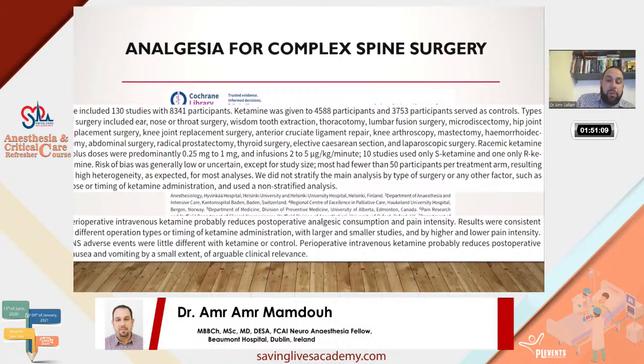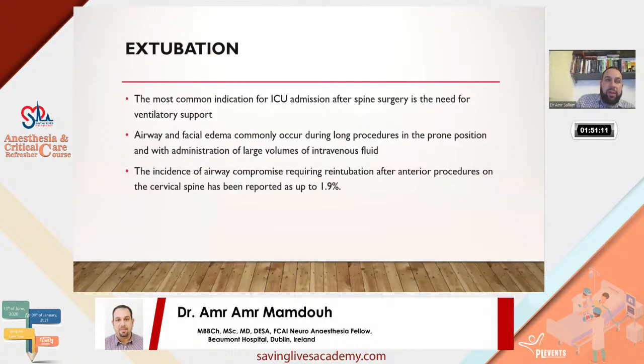The last point I'd like to discuss is the extubation. The most common cause of ICU admission for spine surgery is failure of extubation and the requirement of ventilatory support. Airway facial edema is very common during long procedures in the prone position, so that will be very difficult. The incidence of airway compromise requiring reintubation after anterior procedures might go up to 2%.